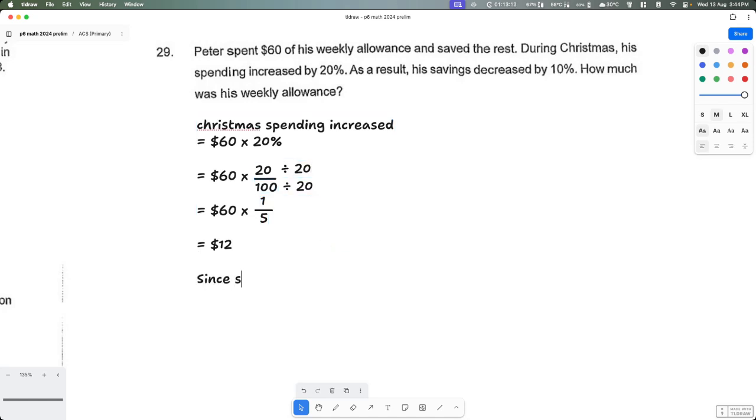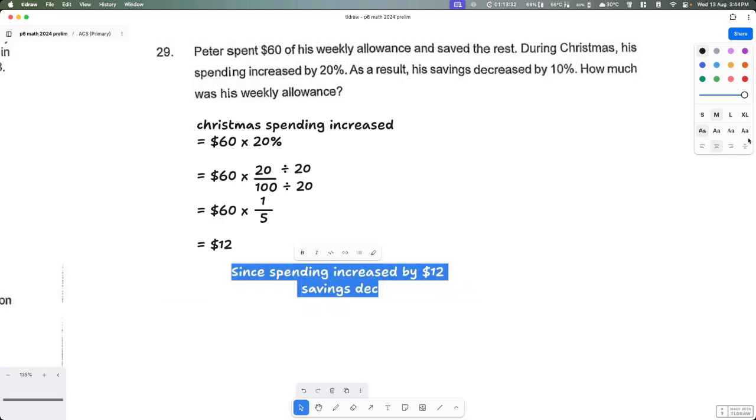Since Christmas spending increased by $12, savings decreased by 10%.